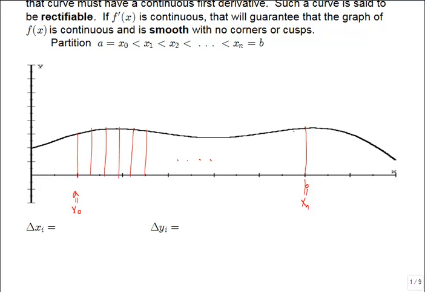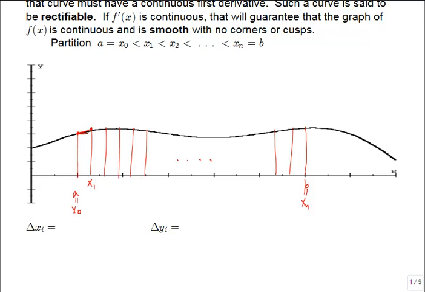Now what we're going to do with this is take a look at the length of the curve between your two endpoints on each subinterval. So for example, if this is x sub 0 and x sub 1, then the length of the line segment connecting the left endpoint and the right endpoint, we can find that little line segment distance by using our distance formula. The two x's would be x1 and x0.